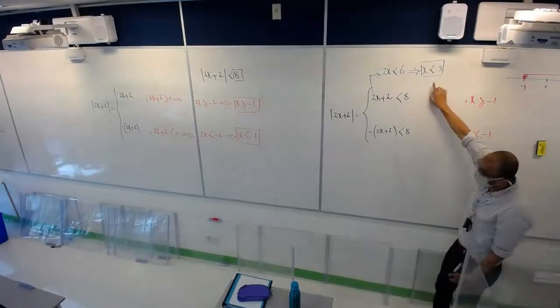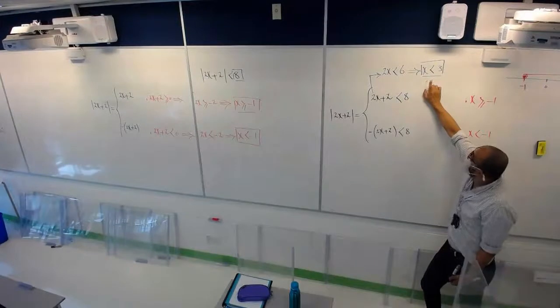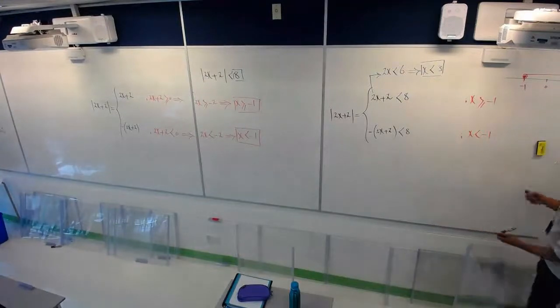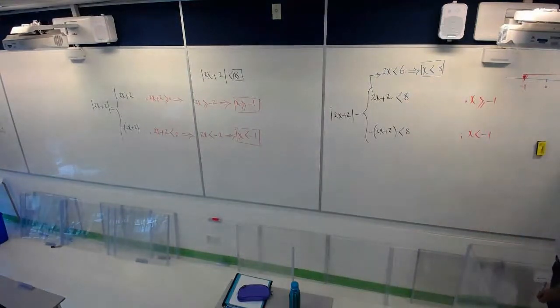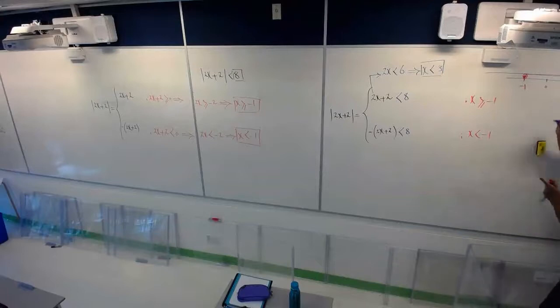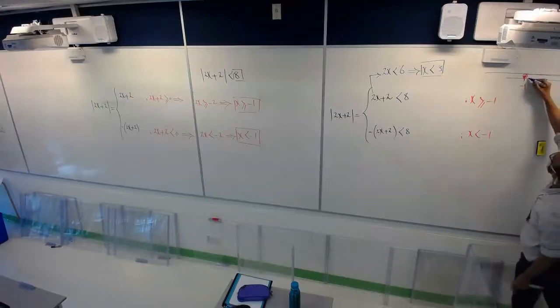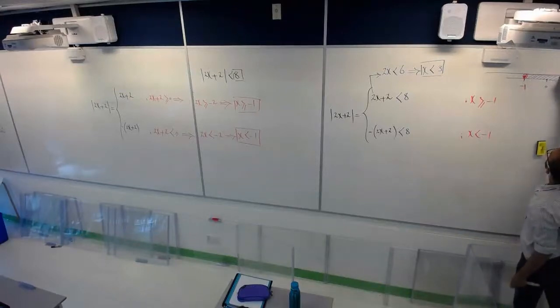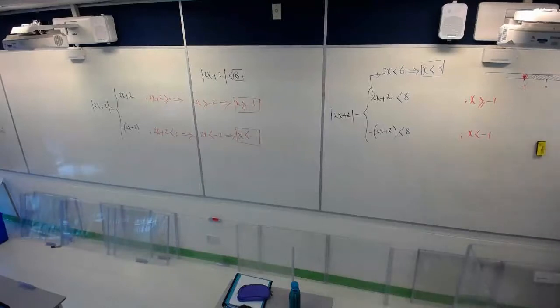But when I solve it, it says that x is less than 3. If this is 3, x has to be less than 3. You see that the thing which is overlapping is going to be the answer. So x is greater than minus 1 but less than 3.